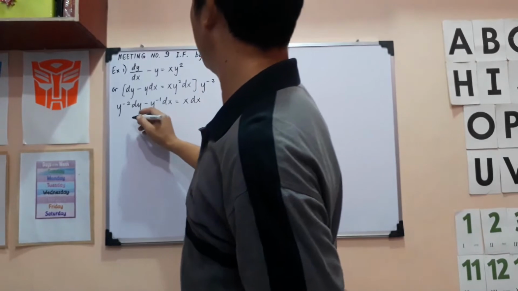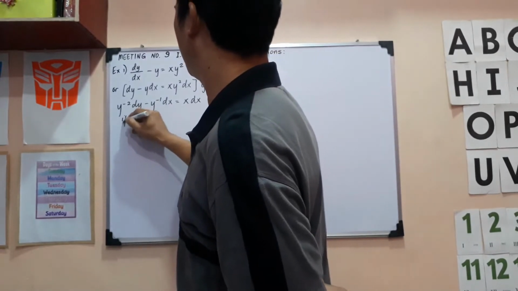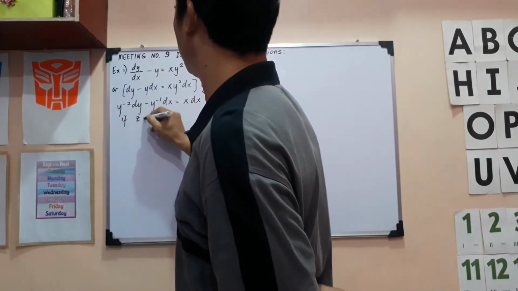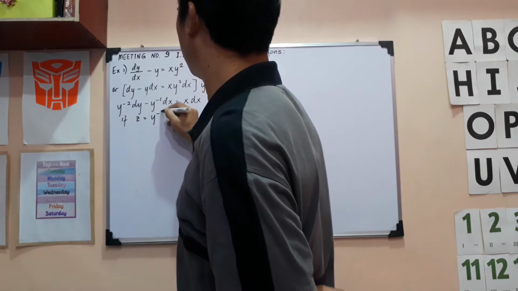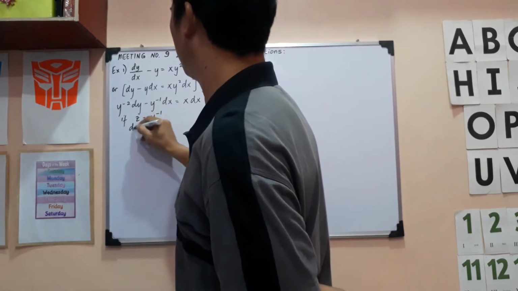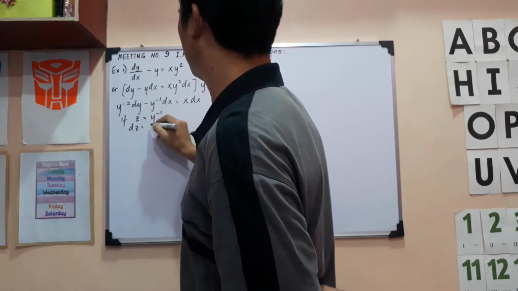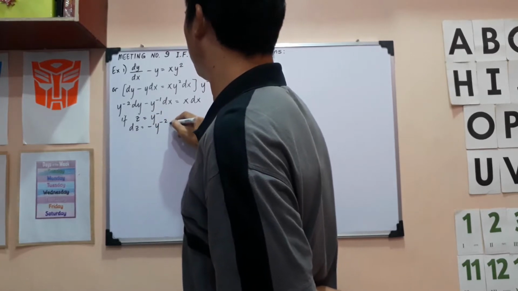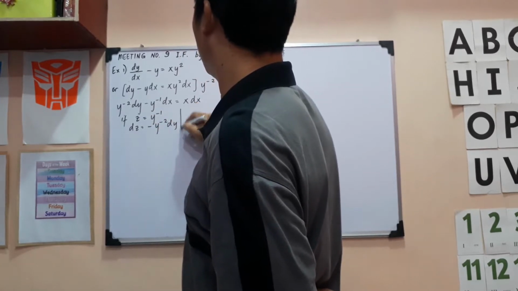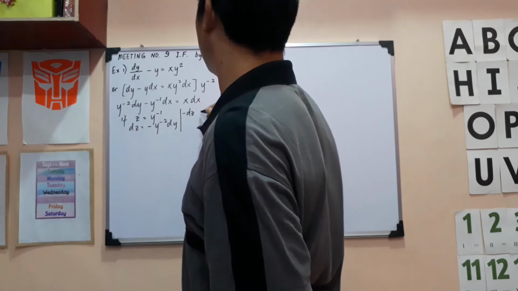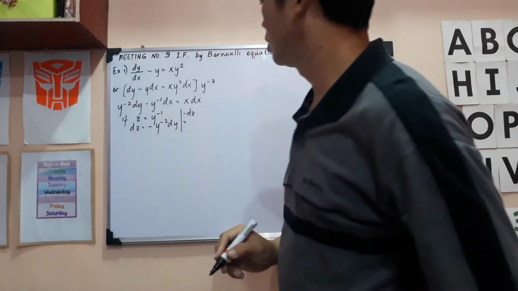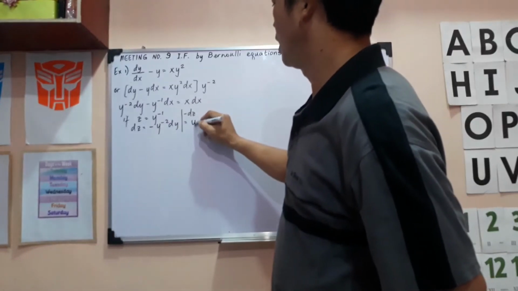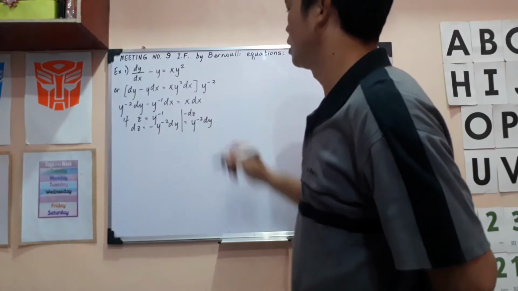Next, if we choose z is equal to y raised to negative 1, so our dz is equal to negative y raised to negative 2 dy, or our negative dz is equal to y raised to negative 2 dy. Okay?